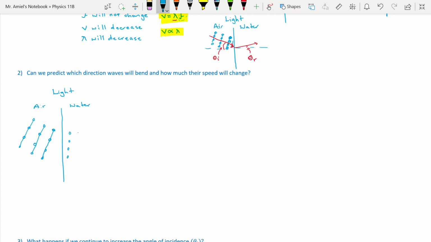And we're also going to decrease the wavelength between the first marchers that hit and the ones coming behind them. So now we can draw our ray coming in here. Okay, and we can draw our normal line.